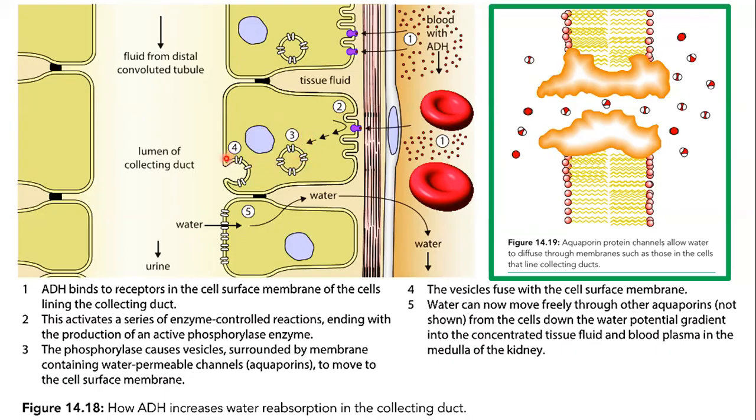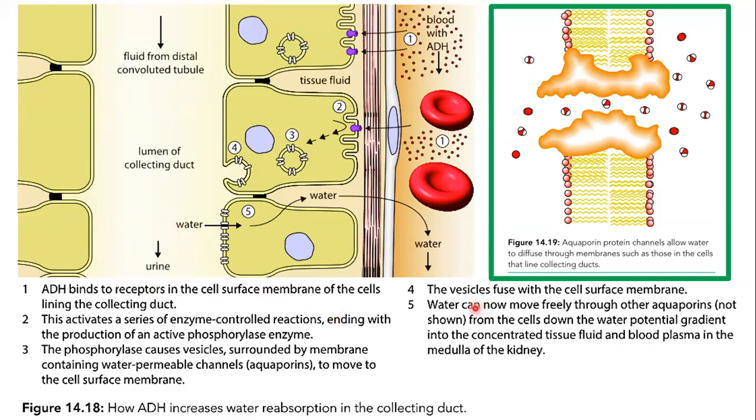These vesicles will move towards the cell surface membrane of the collecting duct, therefore increasing the permeability of the collecting duct to water. Now water from the lumen of the collecting duct will pass through these aquaporins and leave the collecting duct, entering back into the tissue fluid and the blood plasma of the medulla, which has lower water potential. Now there is more and more reabsorption of water. As a result, urine will have lower volume and be more concentrated.